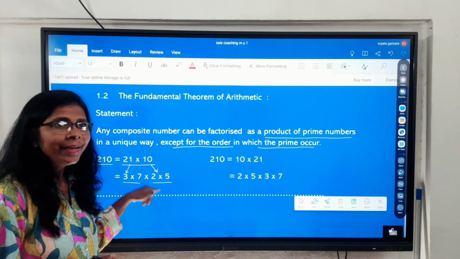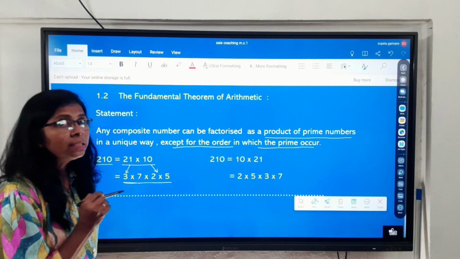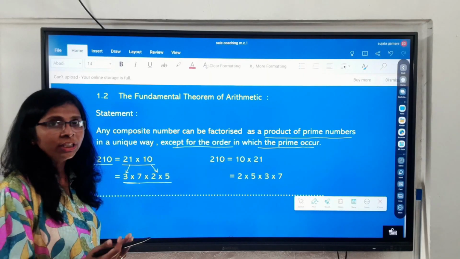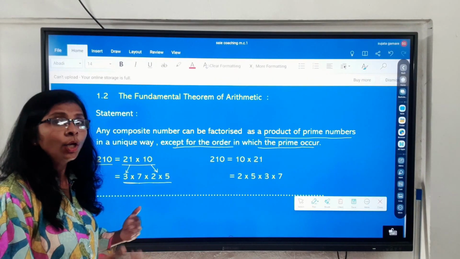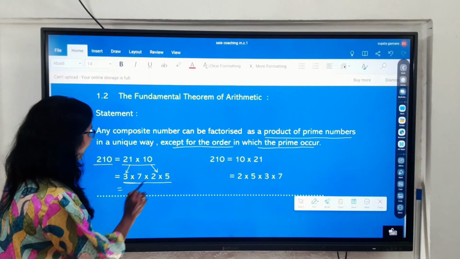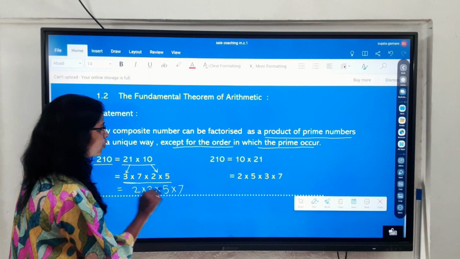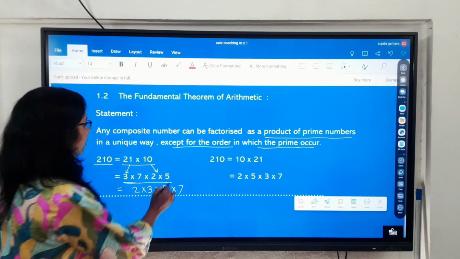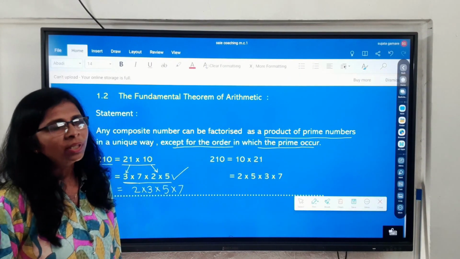So here we get these primes, but observe these numbers, observe these primes. These primes are not in ascending order. So after factorizing, you can order them in ascending way. So you may write 2 into 3 into 5 into 7. This way also. So do not worry about the ascending order of the prime numbers.